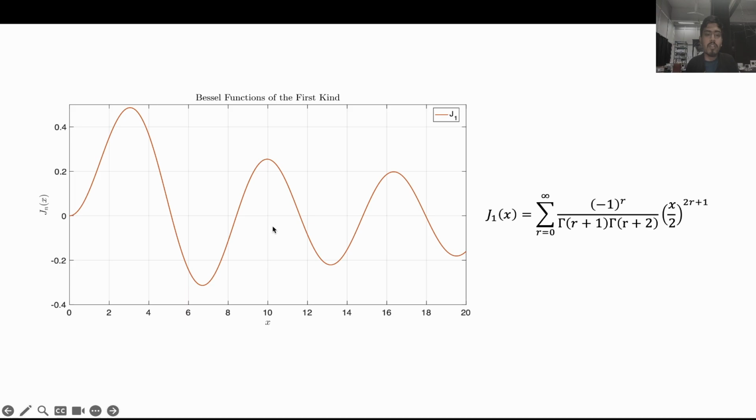Here I plotted the Bessel function of first kind for n equals 1. This is J1(x), and this is how it looks.